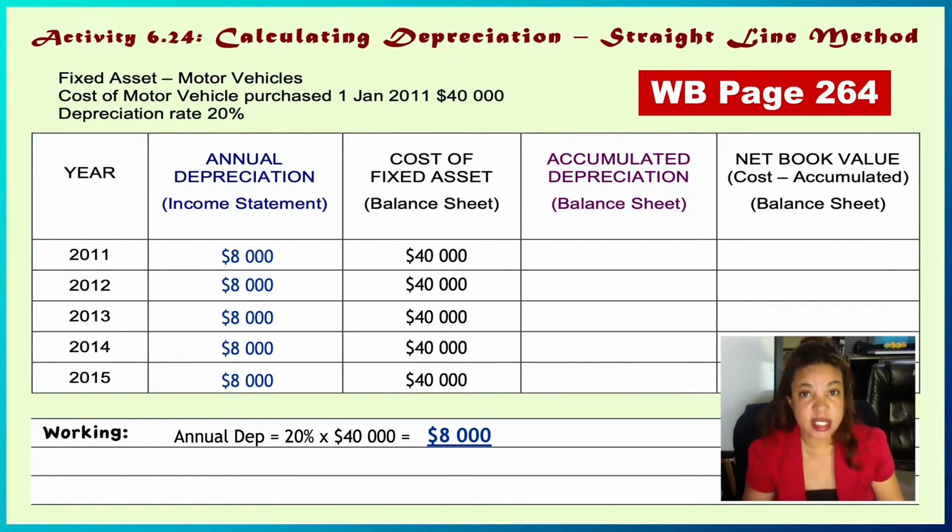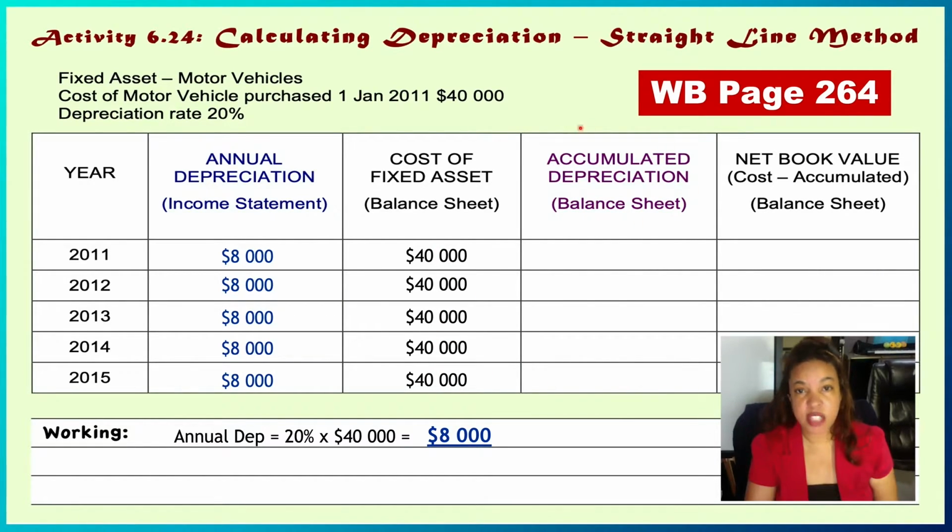Whatever you purchased it at, that is called your historical cost. Whatever you purchased it for initially will be considered the cost of that non-current asset for its useful life. So in this case, it's the $40,000.